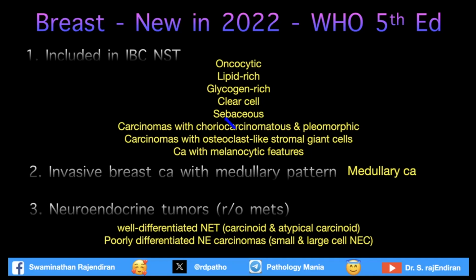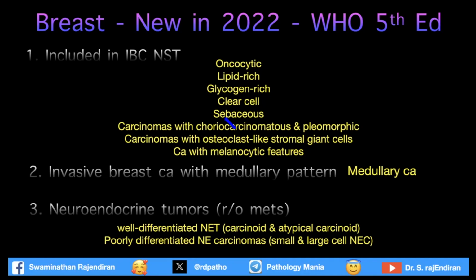For the neuroendocrine tumors, they say first to rule out metastasis because primary neuroendocrine tumors are very rare and they are not like in other organs. Here it is well differentiated neuroendocrine tumor, grade 1 and 2, carcinoid and atypical carcinoid like.